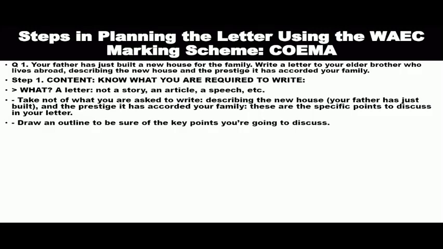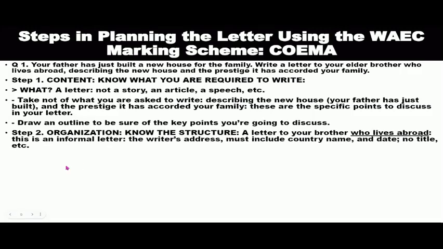An outline is simply a list of the main points you are going to discuss in a piece of writing. So when you are to describe the new house, you can simply jot down the main things you are going to write in that letter so that you will have them in mind and take them sequentially as you begin to write.